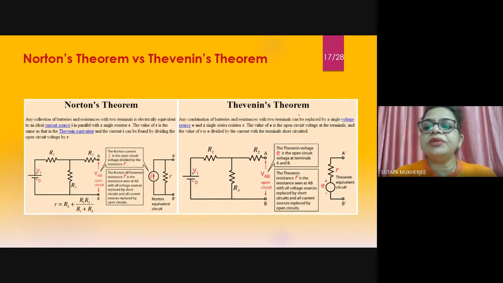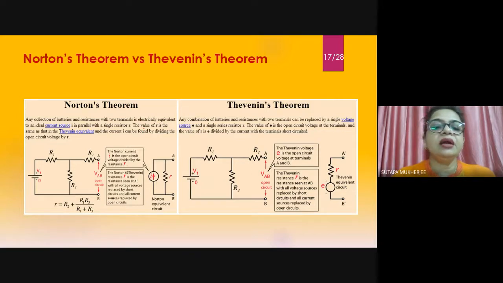In the case of Thevenin's theorem, any combination of batteries and resistances with two terminals can be replaced by a single voltage source. Here, what was there? A single current source and a single series resistance R. Here it was a parallel resistance, a single resistance R, and there it was a series resistance R, which was your R Thevenin, right? The value of E is the open circuit voltage at the terminals.